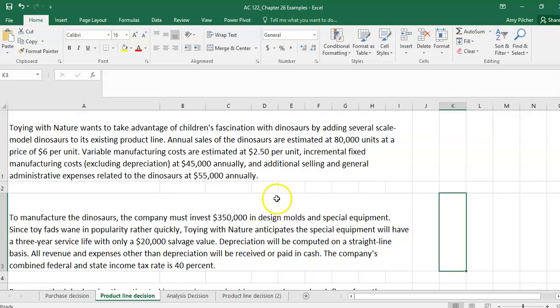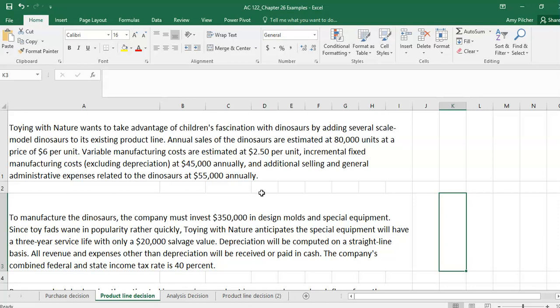In this example, we're thinking about taking on a new product line. So we have a toy company that wants to start making toy dinosaurs. They have done some initial analysis and decided that they can sell 80,000 toys a year. And then they have some other costs about the project.